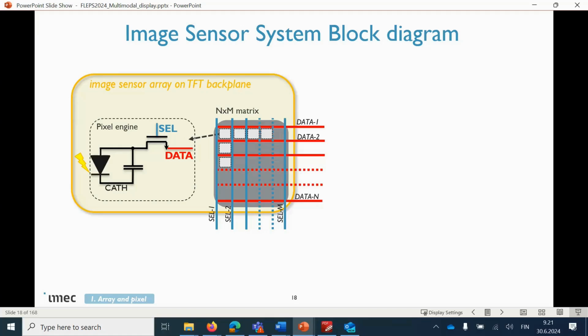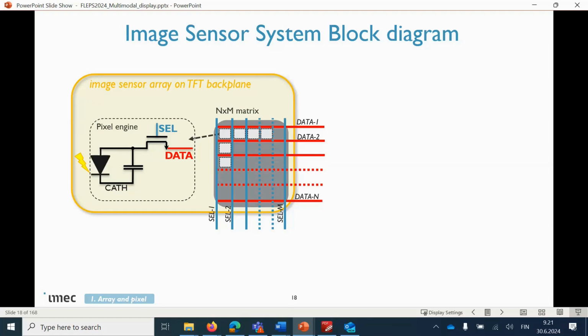And at the same time, we have vertical lines in this case, which are the select lines, which we use to select each pixel sequentially of each row, so that we will read it out and see what is the stored charge there.